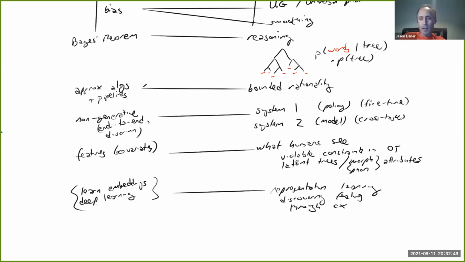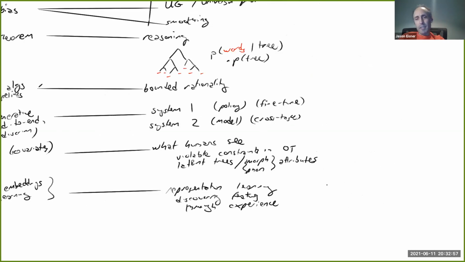This was, in the early days of multi-layer perceptron, discovering features through experience. Sorry about the handwriting. In the early days of perceptrons, the idea is you put in a bunch of features, and then you had this linear classifier, and the question is where the features came from. And an early name for these features, when you added another layer, was adaptive basis functions.